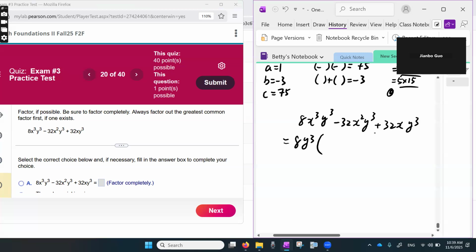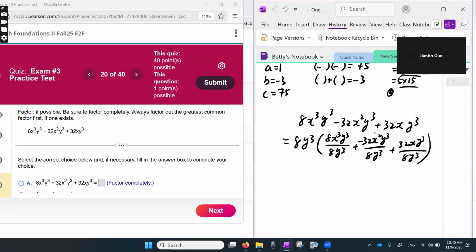And if you don't know how to write the content in the parentheses, use the process I teach in the class. Term 1 over GCF plus term 2 over GCF plus term 3 over GCF. 8 cancels 8.